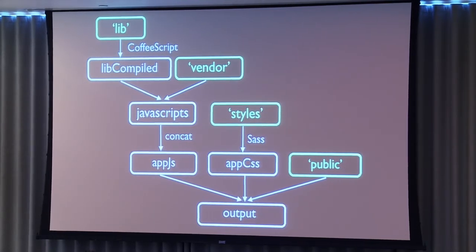So if we can make every compiler very fast, the whole thing will be fast. This in particular means that we don't have to figure out the dependency graph for parts of the build step that are very fast anyway. For example, merging libcompiled and vendor is an extremely fast operation.